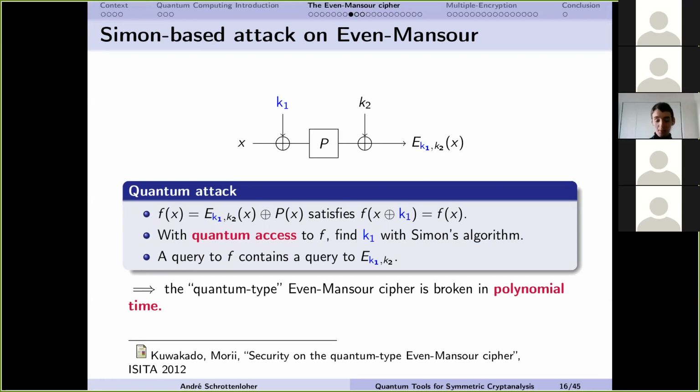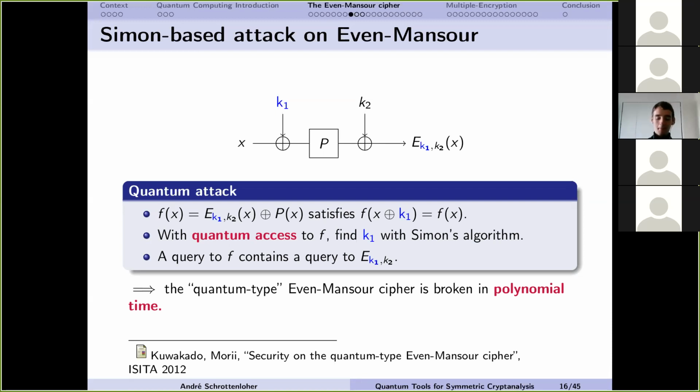And by quantum access, we are really meaning here if you're able to produce these particular queries that you need in Simon's algorithm. It's particular quantum states which contain all the inputs and outputs. So with that, you can break it. And the only issue, of course, is that the query to F contains the query to the cipher.